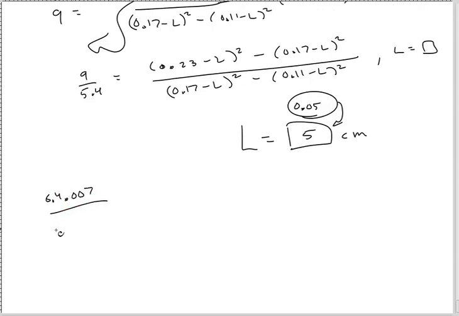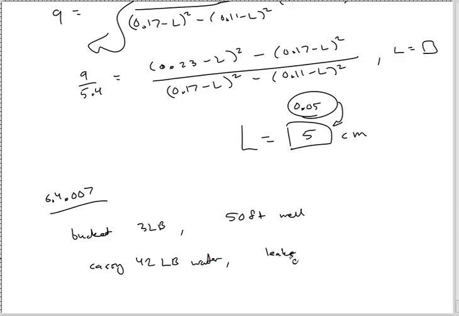64007. So we have a bucket, and it's 3 pounds. And there's a 50-foot deep well that it's going to be dunked into. It's going to carry 42 pounds of water up, but the bucket leaks at 0.25 pounds per second.